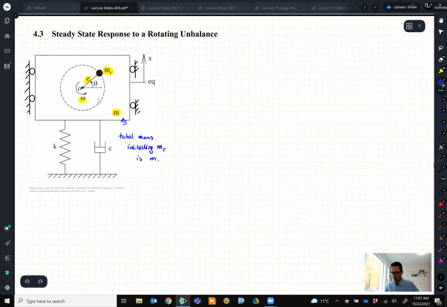And this omega, let's assume it is in radian per second, so then all the units work out.